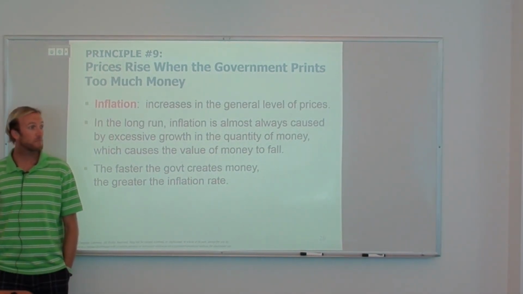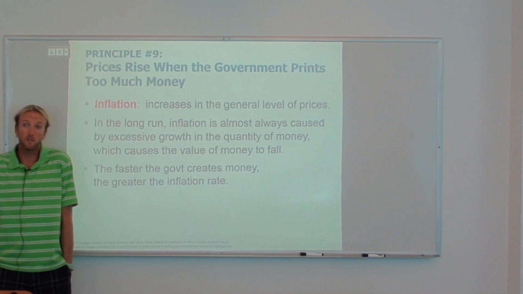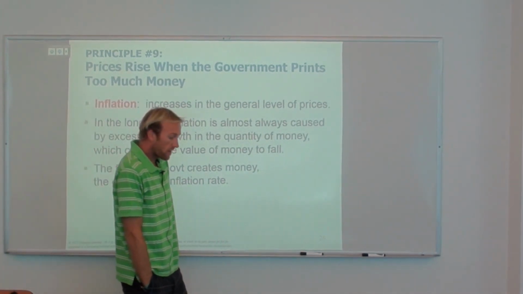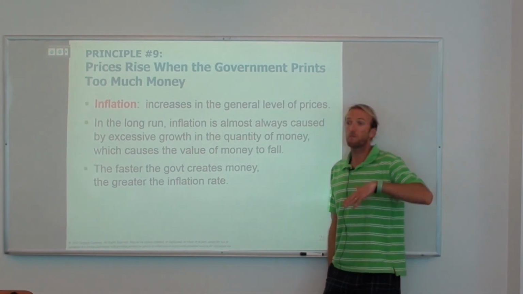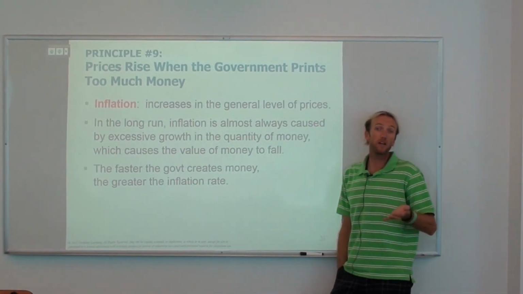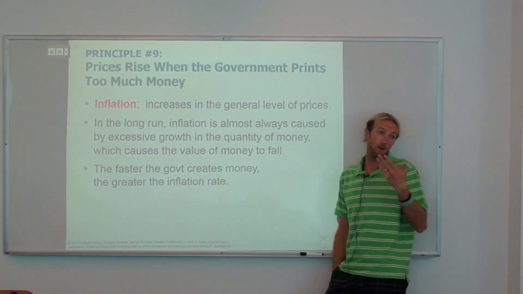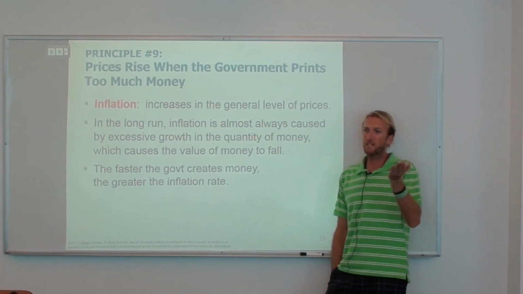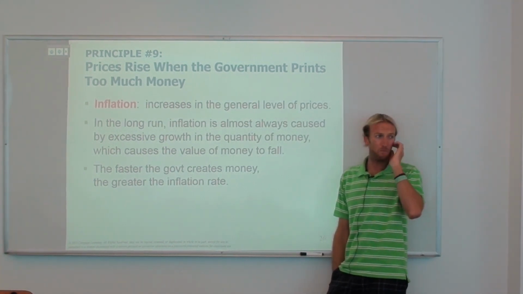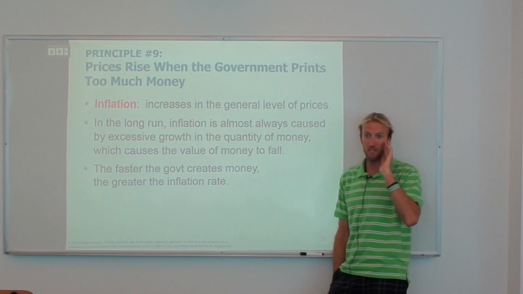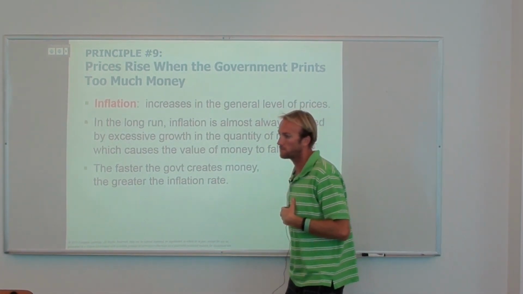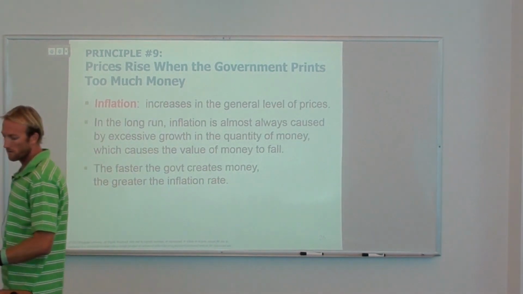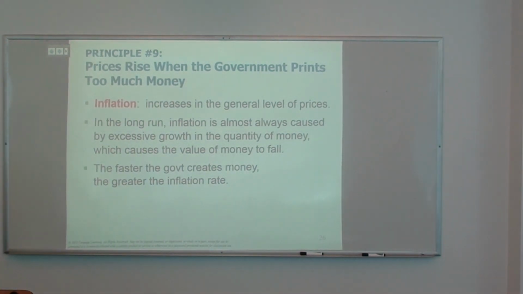There have been times in our world, generally brought on by severe economic hardships such as war, when the government was just printing money so crazily that prices, this never happened in America, but in many other countries, prices were changing 2 or 3 times per day. They were going up. The government was just printing so much money that the inflation rate was out of control.